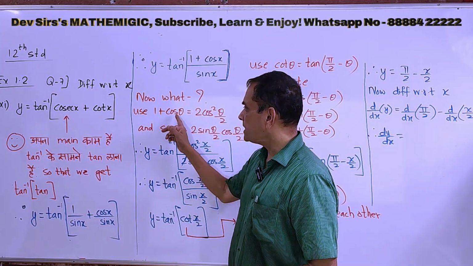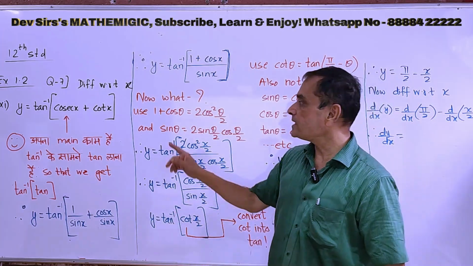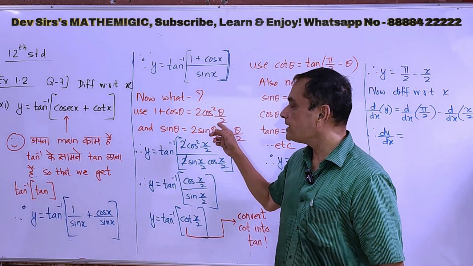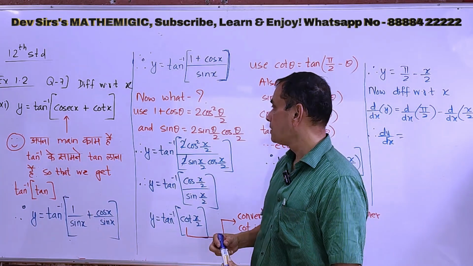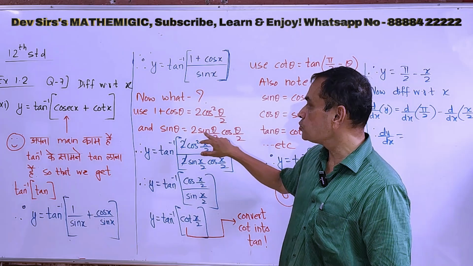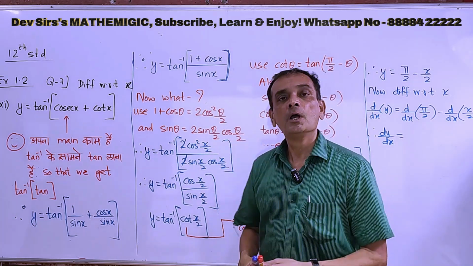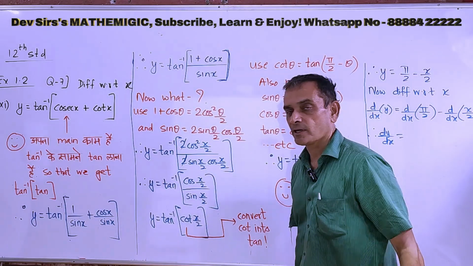If we get 1 plus cos, in front is 2 cos square of half the angle. If we get 1 minus cos, 2 sin square theta by 2. Clear? And if sin theta comes, sin theta is 2 sin theta by 2 cos theta by 2. If this gets converted into half angle, this also gets converted into half angle.